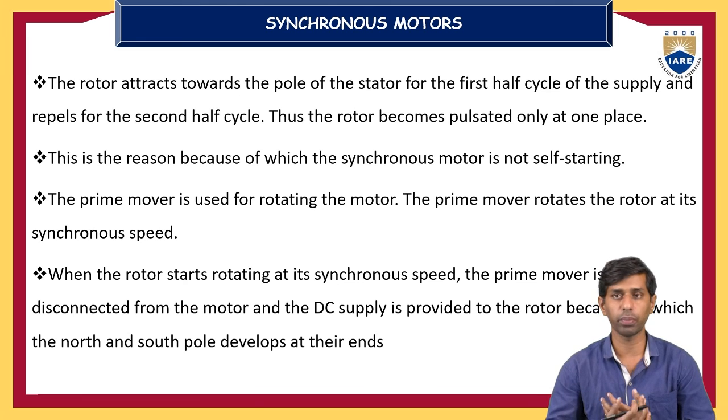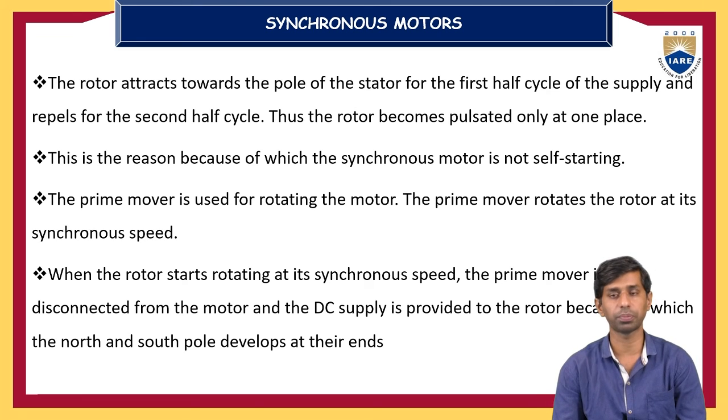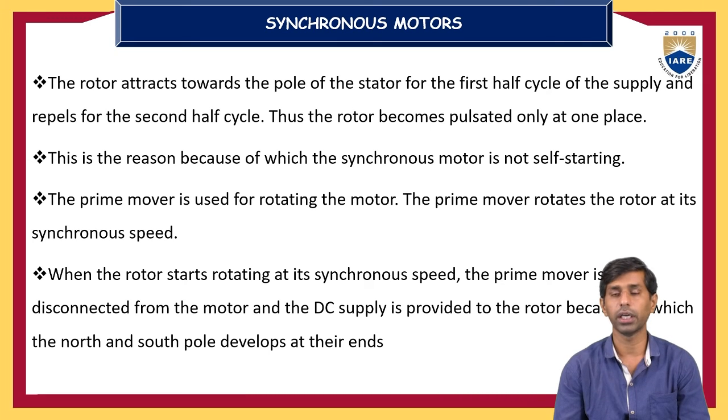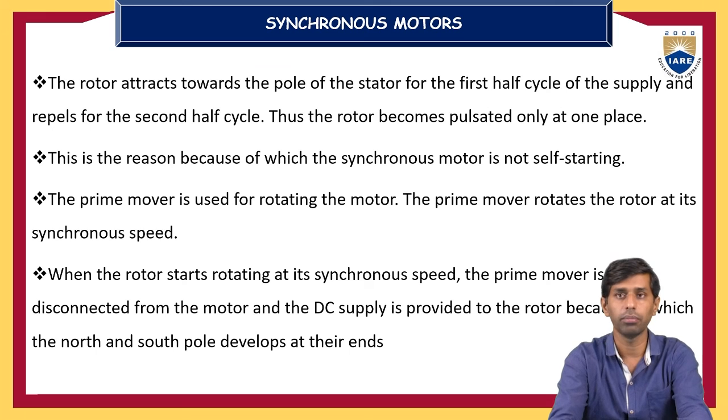When the synchronous motor is brought to nearly the synchronous speed, the unlike poles at a particular time will come across. The rotor will be attracted by the unlike pole of the stator, and it is pulled into synchronism. That is, there is a magnetic locking between the stator poles and the rotor poles.